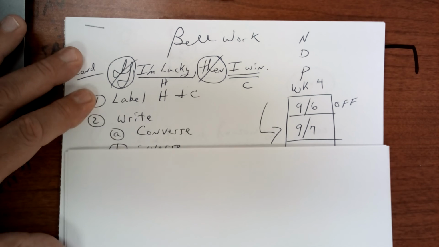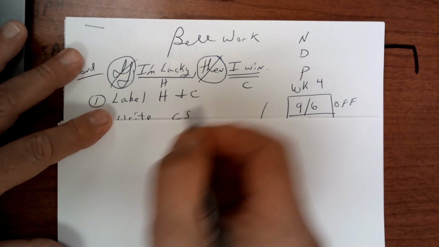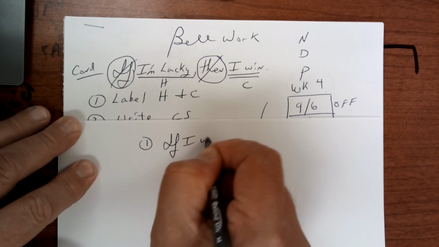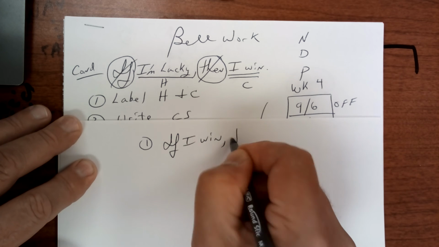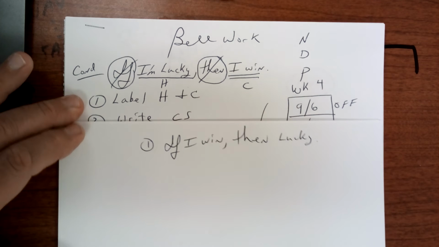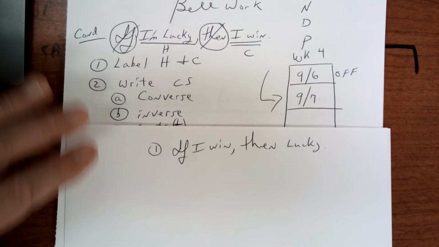Converse is switch, CS. Converse switch. So you're going to say, if I win, then I'm lucky. Okay? The converse is what we just did. The inverse is the opposite.